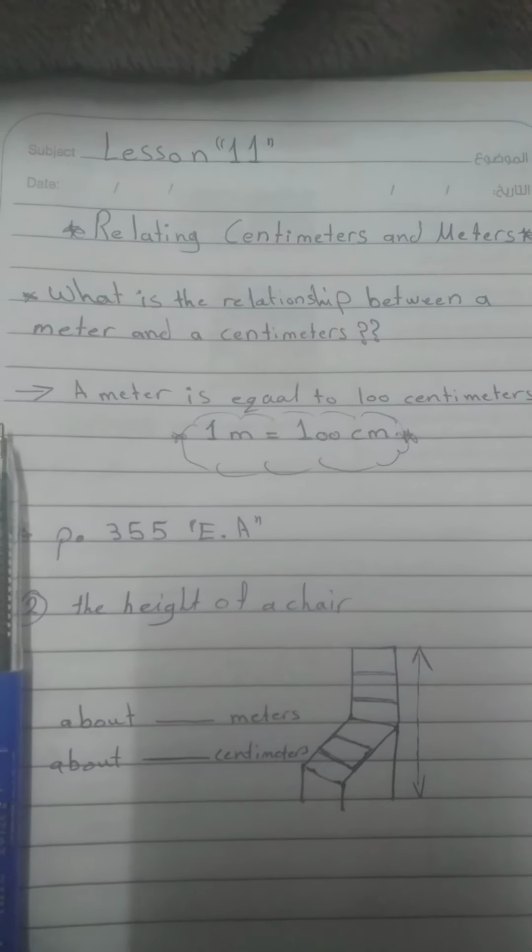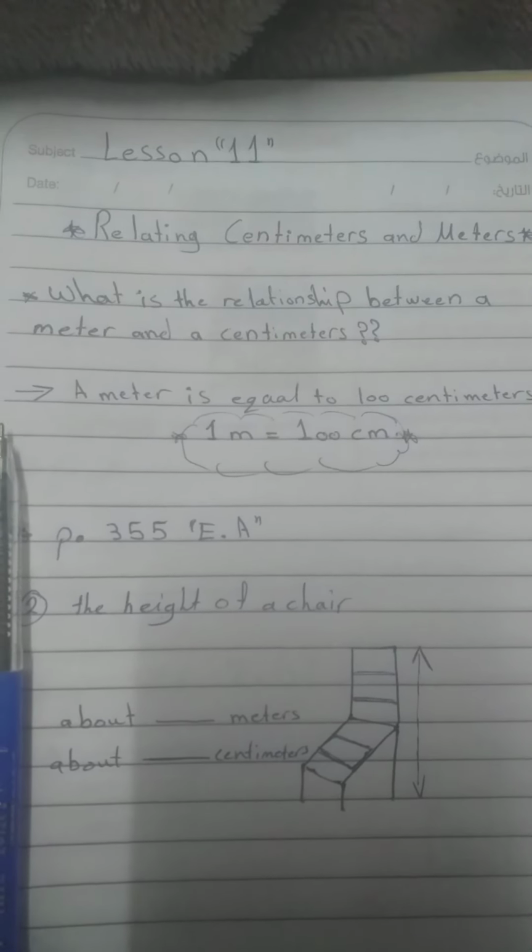Now, please go with me to page 356 to do exercise B. Exercise B: find the objects and measure to the nearest centimeter, then measure to the nearest meter. Firstly, we have a window.